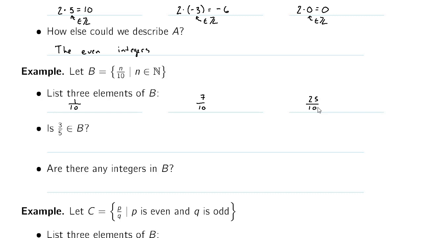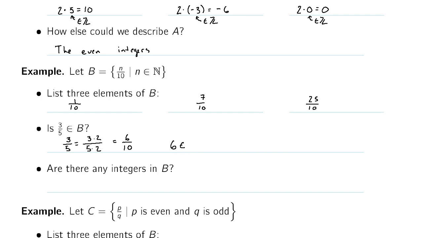Now, we're interested in the actual numbers, not in what they look like. So, for example, the number 3/5, if I multiply my numerator and denominator each by 2, which of course gives me an equivalent fraction, I get 6 over 10.